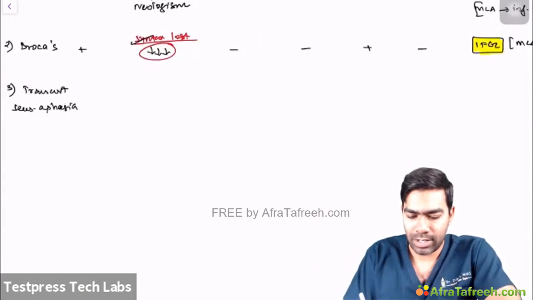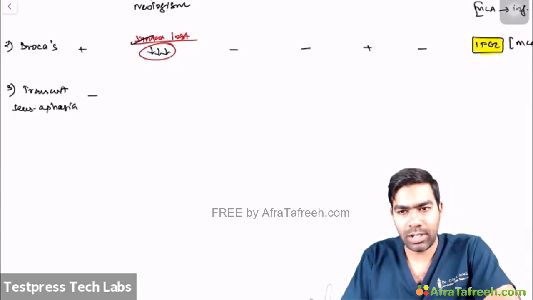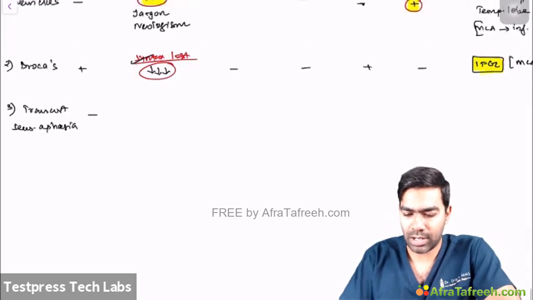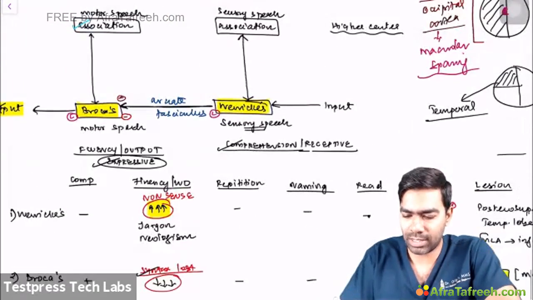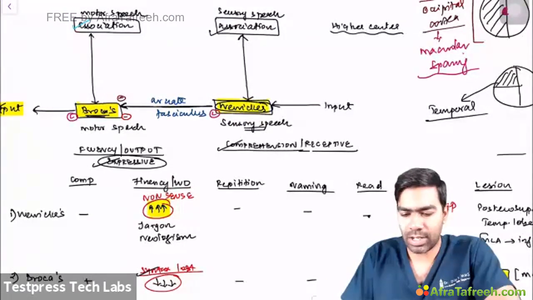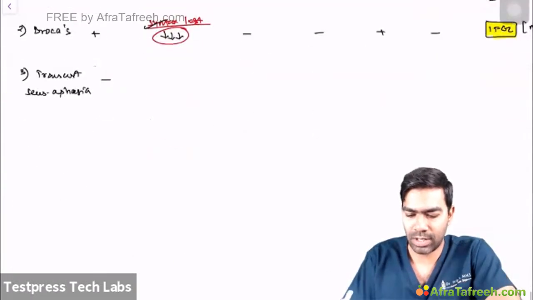Because it's on the Wernicke's side, there will be poor comprehension. And what about the fluency and word output? Remember, I told you only Wernicke's inhibits Broca's, not the association area. So there won't be any problem as far as fluency and word output is concerned. It will be completely normal.